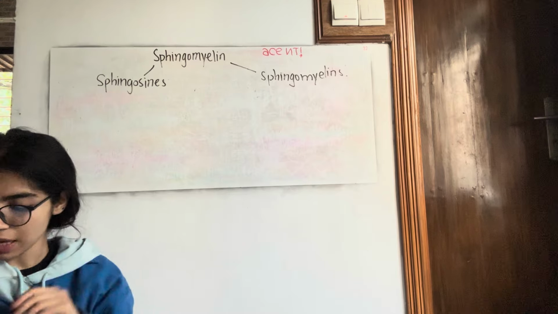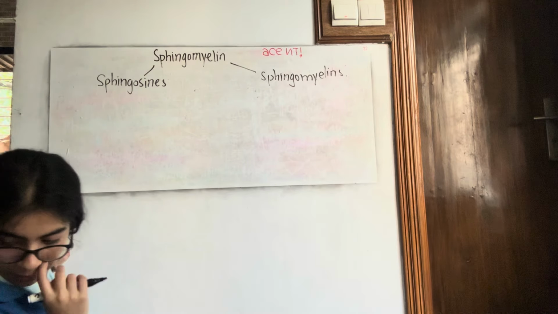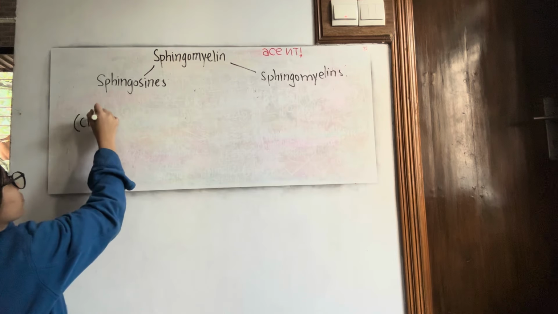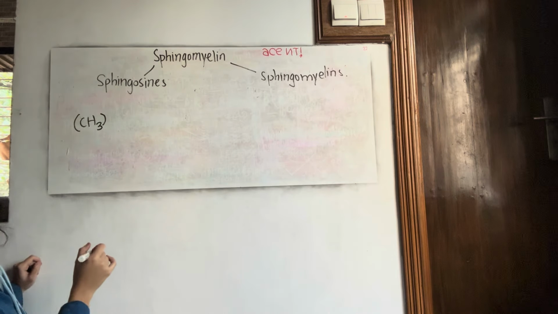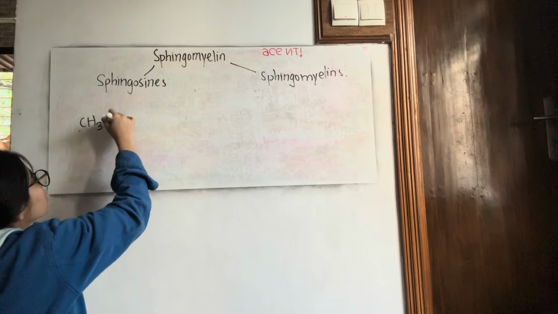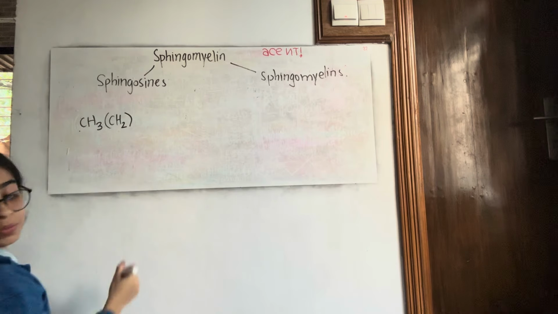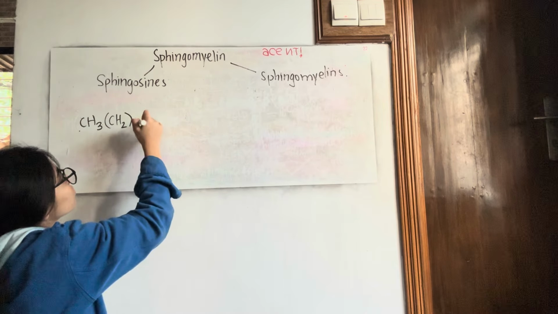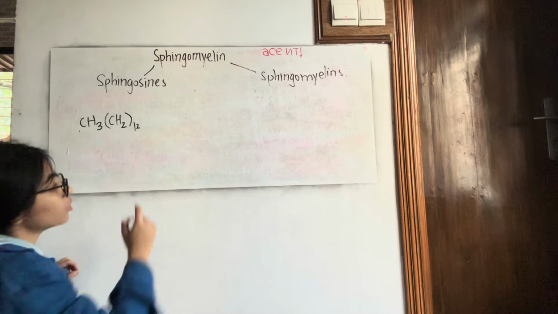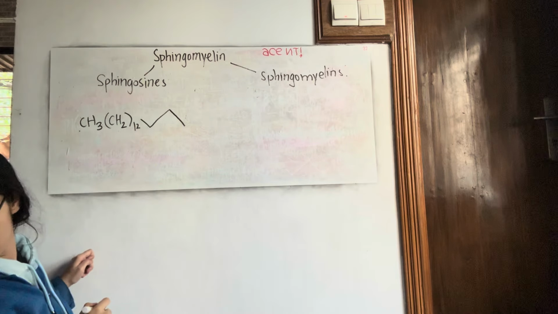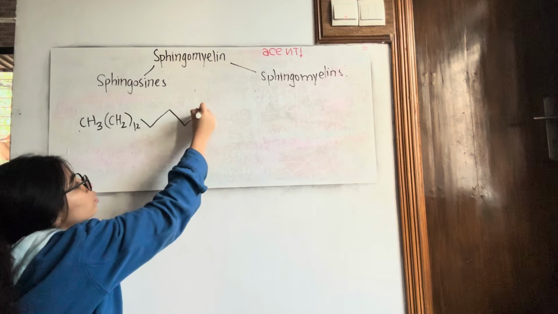Now, let's draw these structures. Let's learn side by side. So first we're gonna do the side chain first. CH3, CH2, 12, and we're just gonna go one mountain, and then 2 mountain, right?